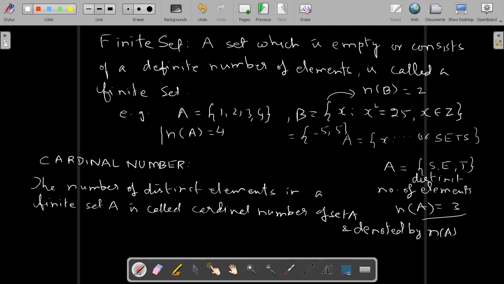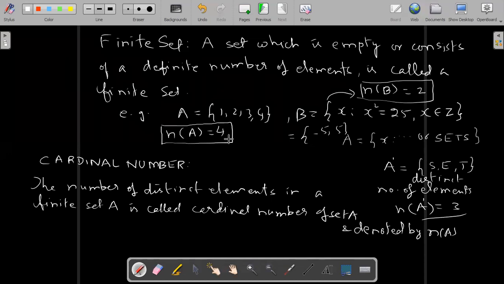The cardinal number of this set is 4, the cardinal number of set B is 2, and the cardinal number of this A dash set is 3. So, understood the cardinal number? The number of distinct elements in a finite set.